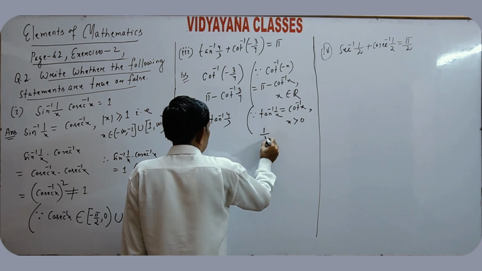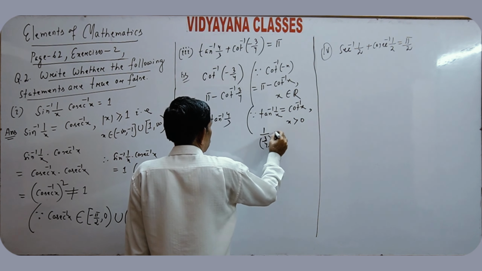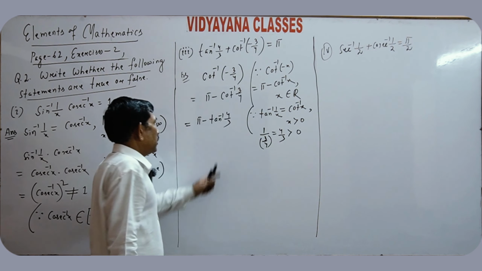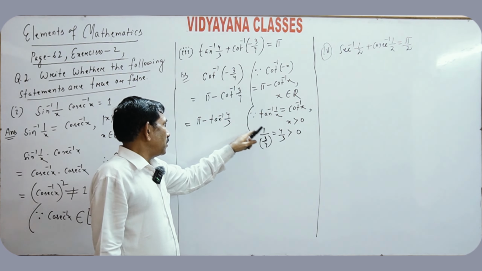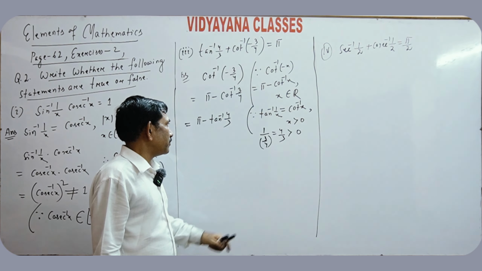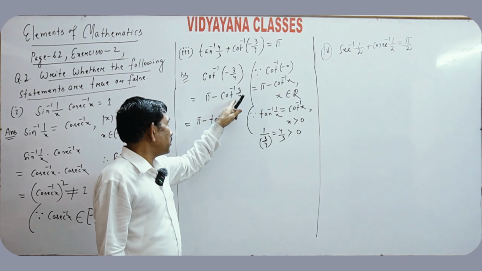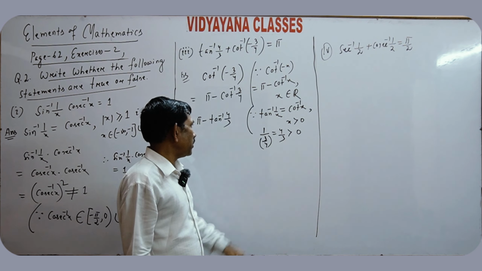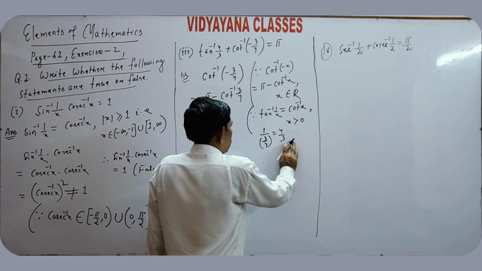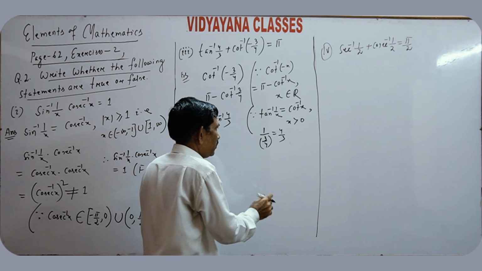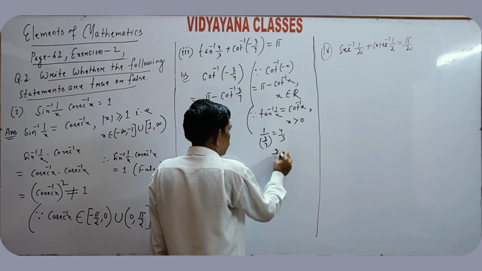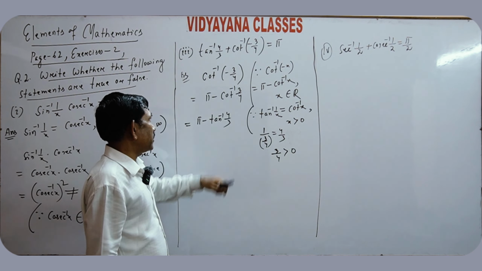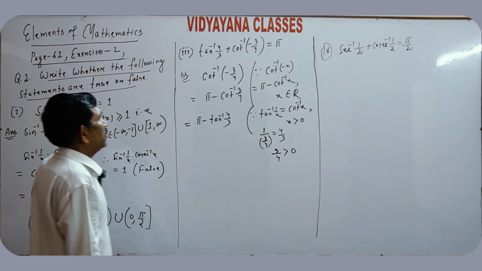One by 3 by 4 is equal to 4 by 3 greater than 0. Tan inverse 4 by 3 is equal to cot inverse 3 by 4. Since 3 by 4 is greater than 0, tan inverse 1 by x is equal to cot inverse 3 by 4.